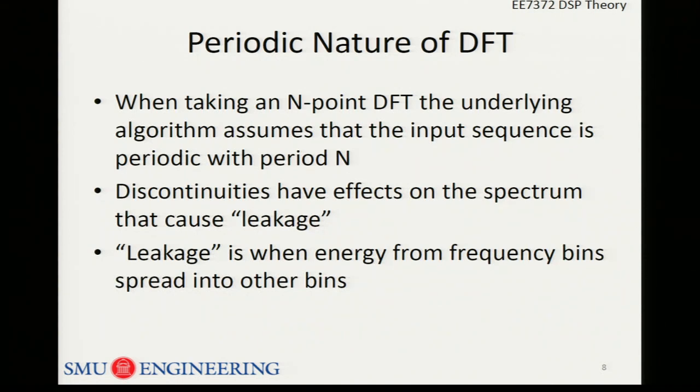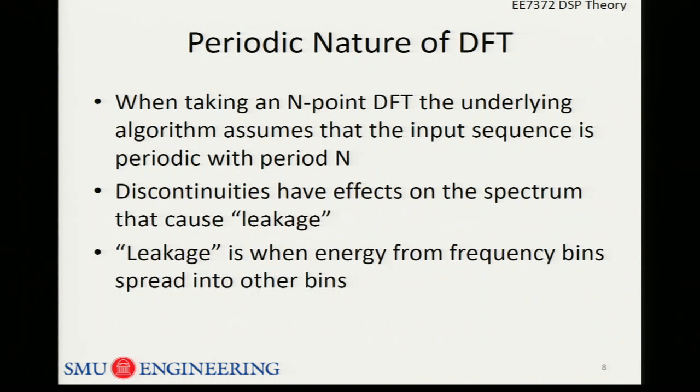So, the periodic nature of the DFT. When you take the N-point DFT, the underlying assumption, as we went through, is really that this is a discrete Fourier series, and really it's periodic. Now, we take DFTs of signals that aren't periodic all the time, and we don't worry about it.